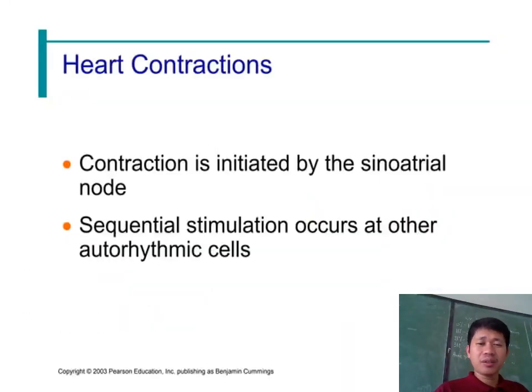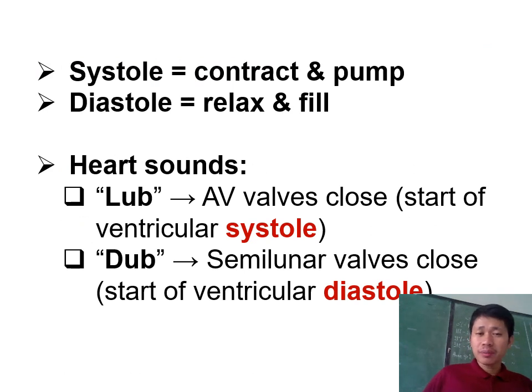Heart contractions. Contraction is initiated by the SA node, the sinoatrial node, just like what we have explained, and then sequential stimulation, like a chain reaction, occurs at other autorhythmic cells in the heart, causing it to contract as a whole. The contraction of the heart, class, is called the systole.